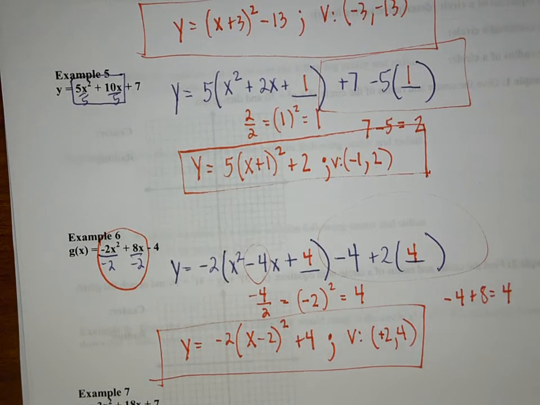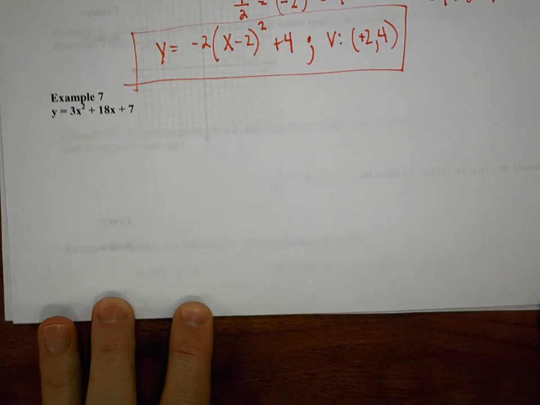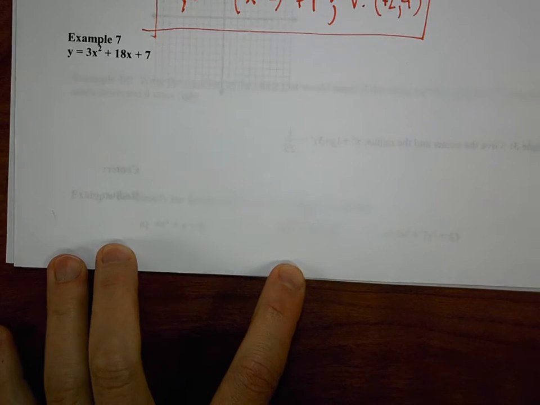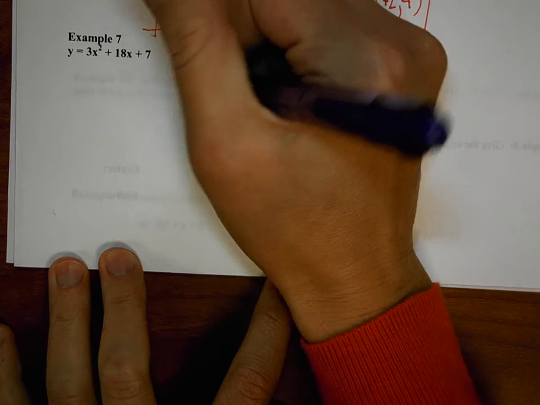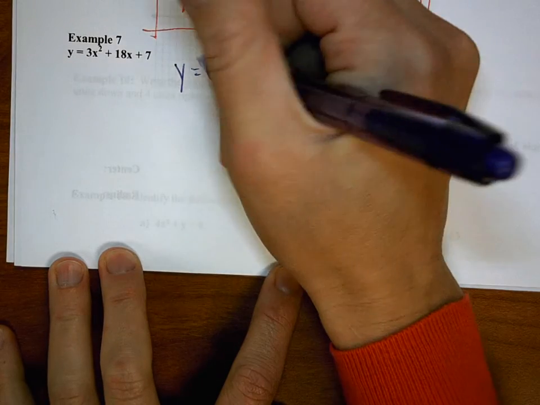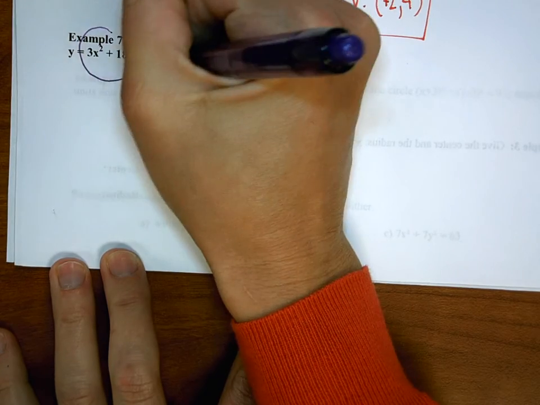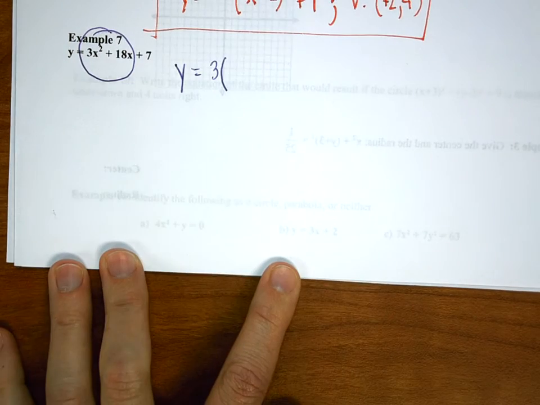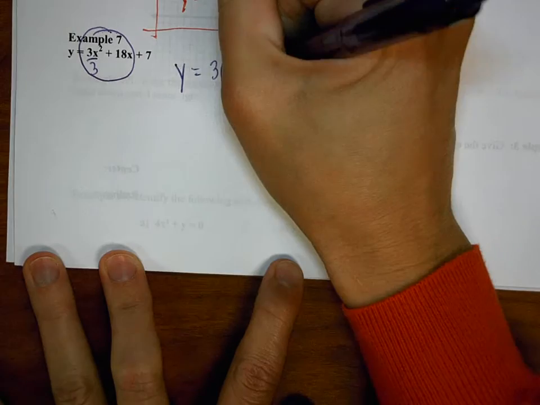Okay, good. All right, the last one, number 7, I actually would prefer you to try this on your own, but for time, we're going to just go ahead and do it together. So what is my first step on this? Take out the 3. Very good. And again, remember, when we're taking out the 3, we're only dealing with the terms with the x's. So when I divide this by 3, I just get x squared.